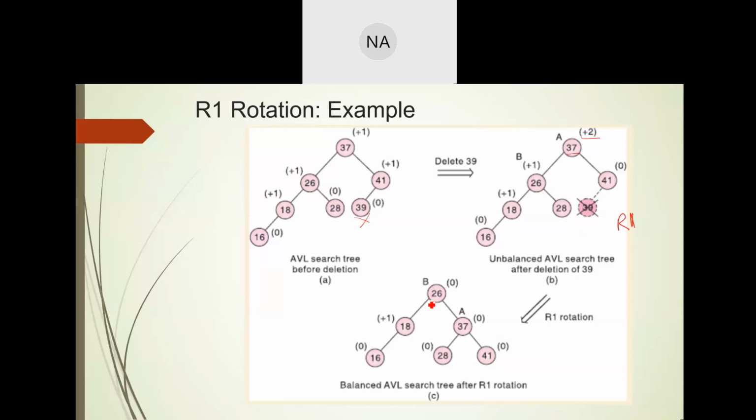Node B will be made the root along with its left subtree, and A along with its right subtree will be made the right child of node B. The right subtree of node B will be made the left subtree of node A. You can see that the balance factors of node B and A are the same, both equal to 0. So this is R1 rotation.